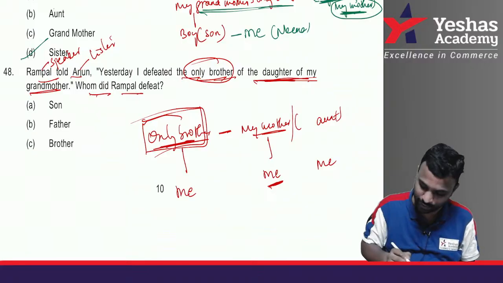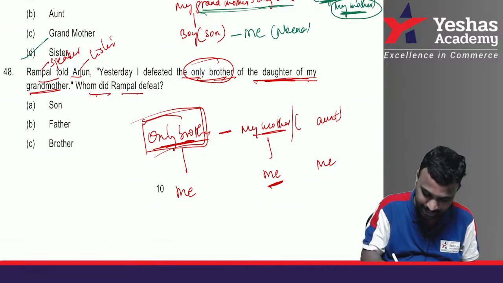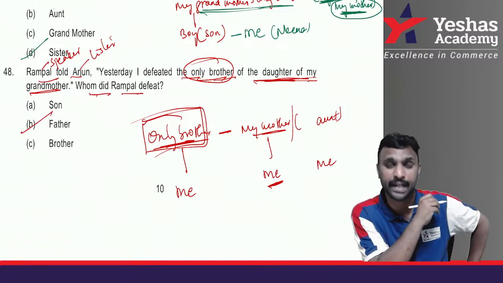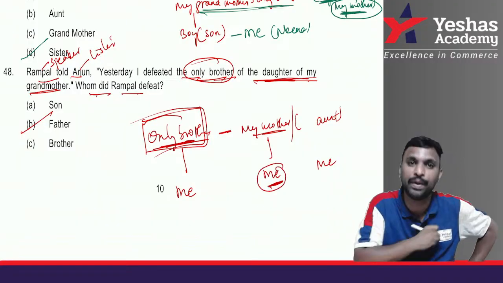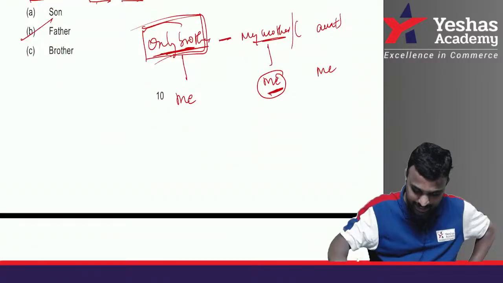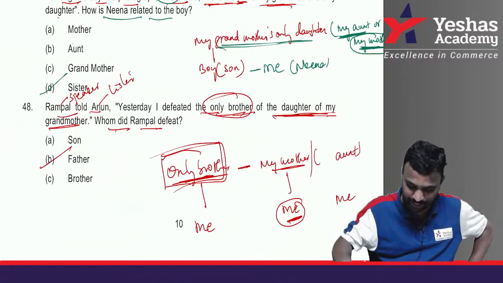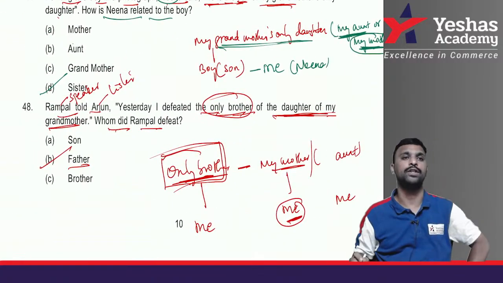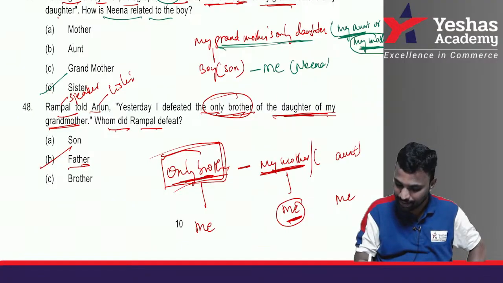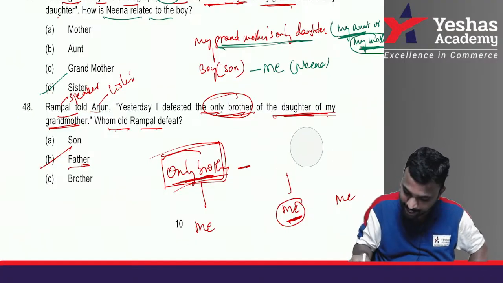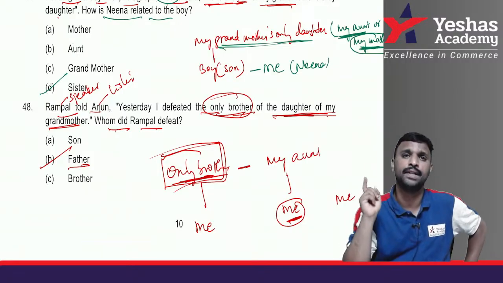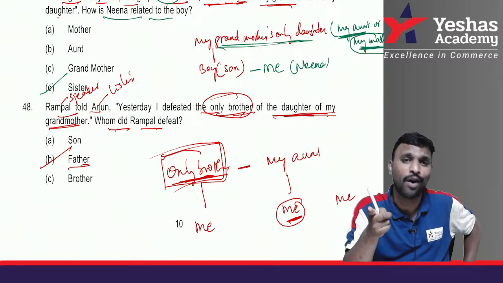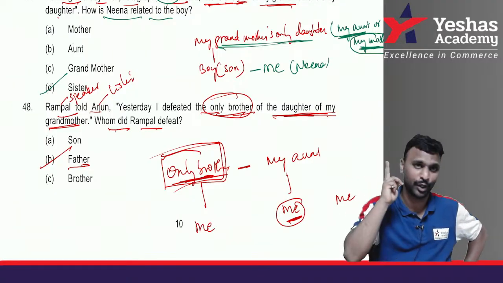So obviously he has defeated his father. Suppose myself is this, obviously this fellow would be my uncle. Uncle is not there in the option. Definitely he should be father. Have you understood? This lady could be definitely my aunt, because grandmother's daughter would be your mother or your aunt. Yes or no? There are two cases.